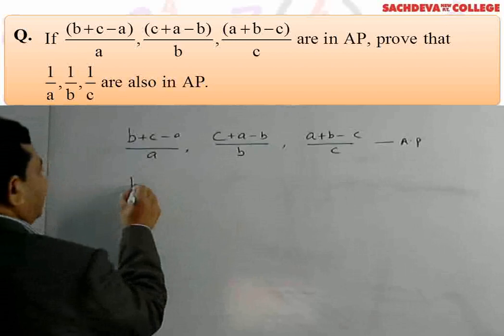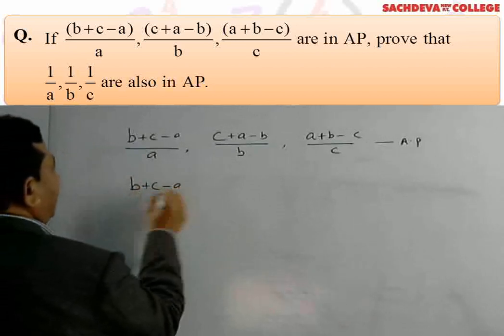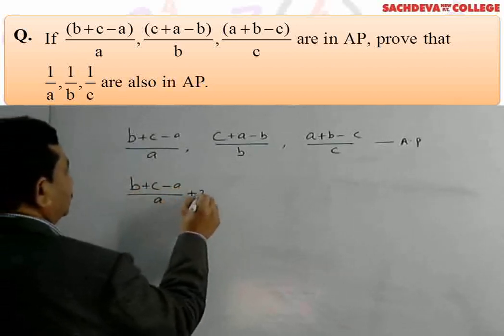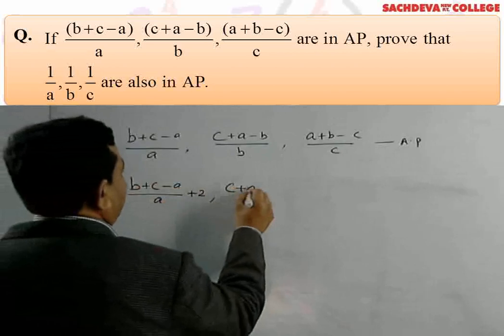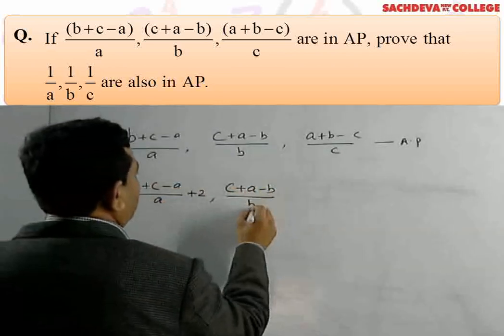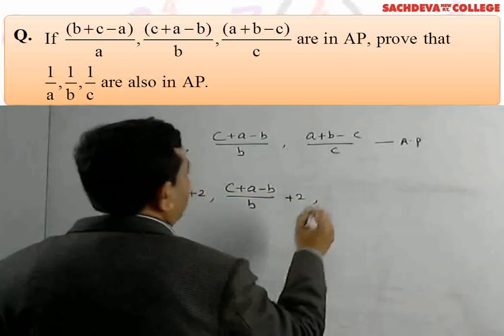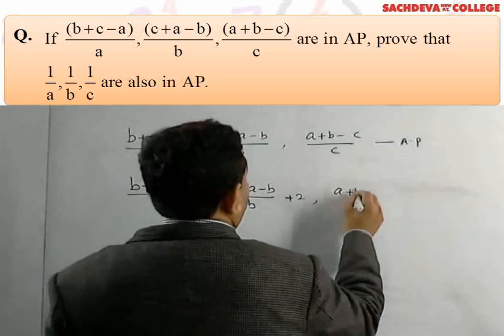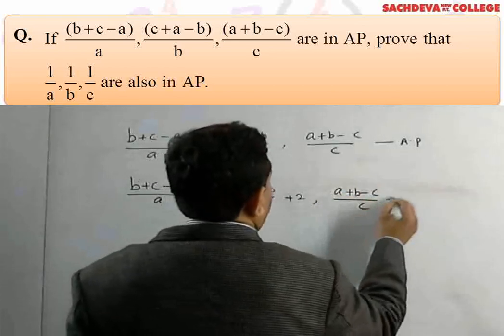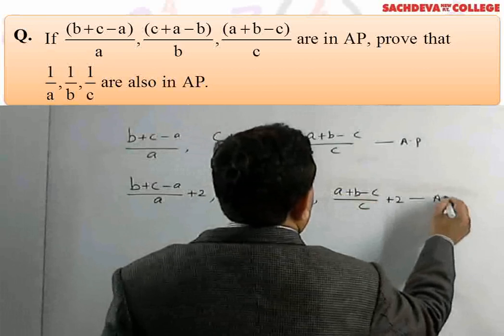So (B plus C minus A) upon A plus 2, (C plus A minus B) upon B plus 2, and (A plus B minus C) upon C plus 2 will also be in AP.